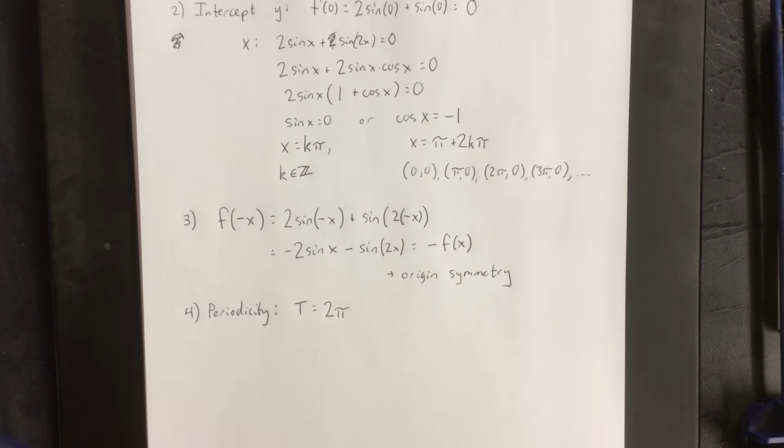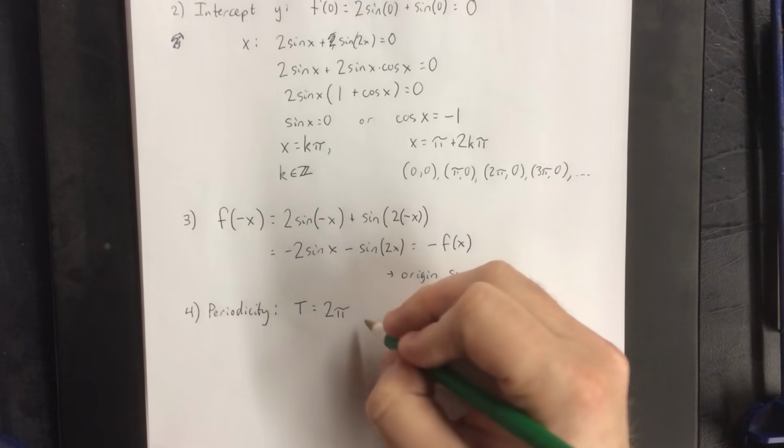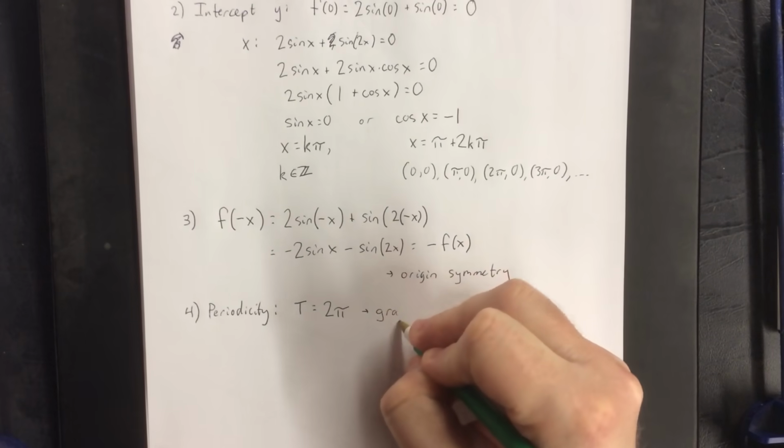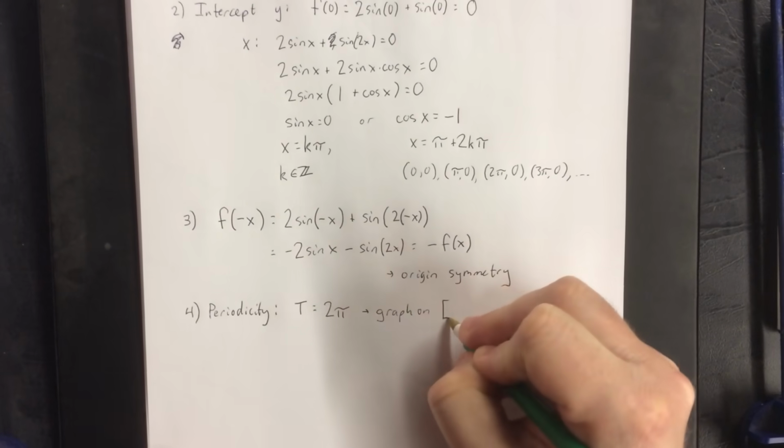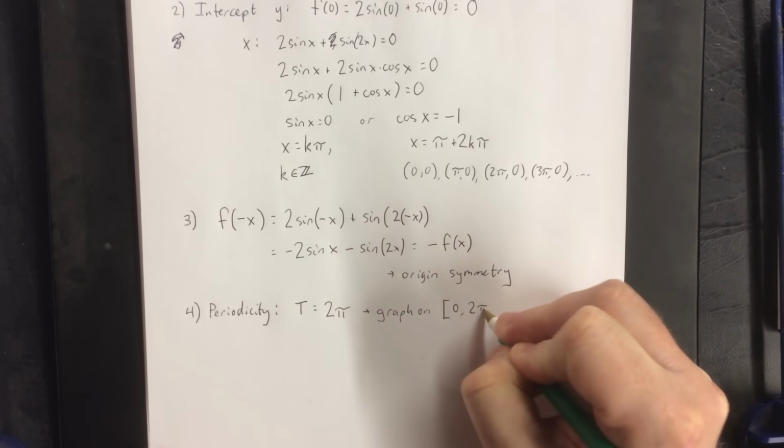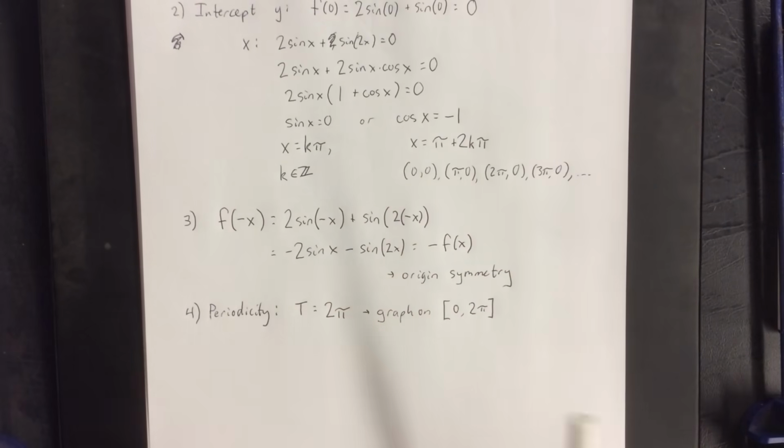And that'll be 2 pi. So what this means for us is we can figure out what the graph looks like on the interval from 0 to 2 pi, and then copy this graph and paste and paste, because it'll be the same graph over and over and over.